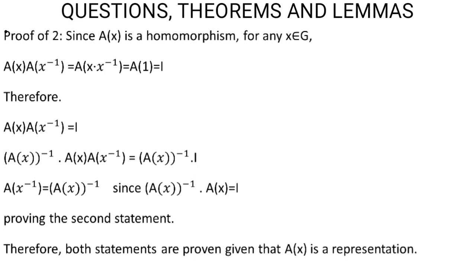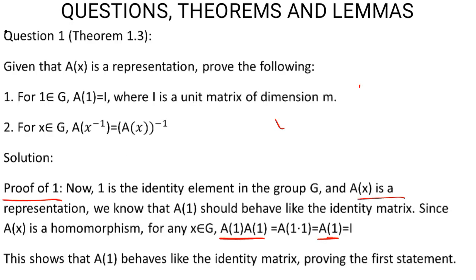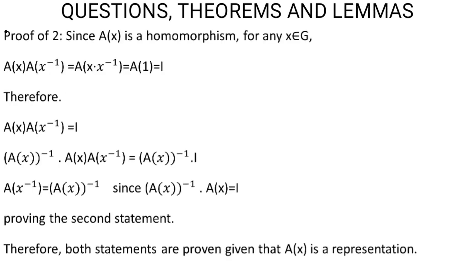The next proof, for the second part, we're going to prove the relationship that A of X inverse is basically taking the inverse of the matrix representation. Okay. So now we know again that AX is a homomorphism. That is because it's a group matrix representation, right? So for any X, this representation will be true, right?